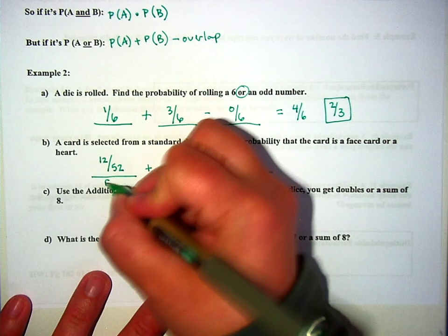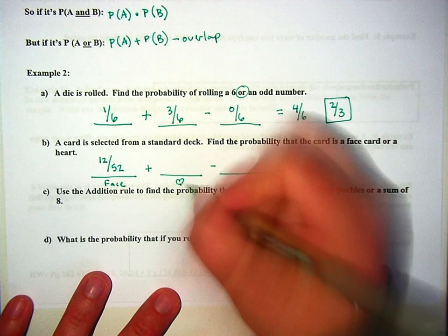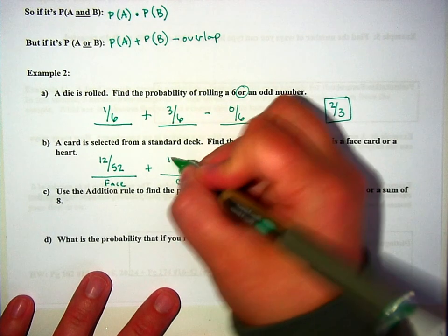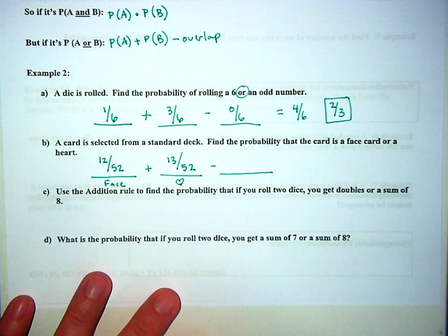I'm going to write under here, face. And then how many hearts are in a deck? 13 hearts in a deck. Okay, how many did I just count twice, though?